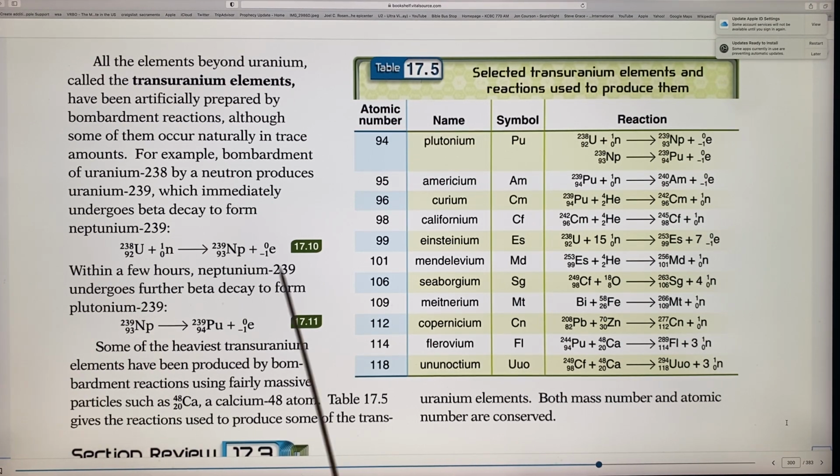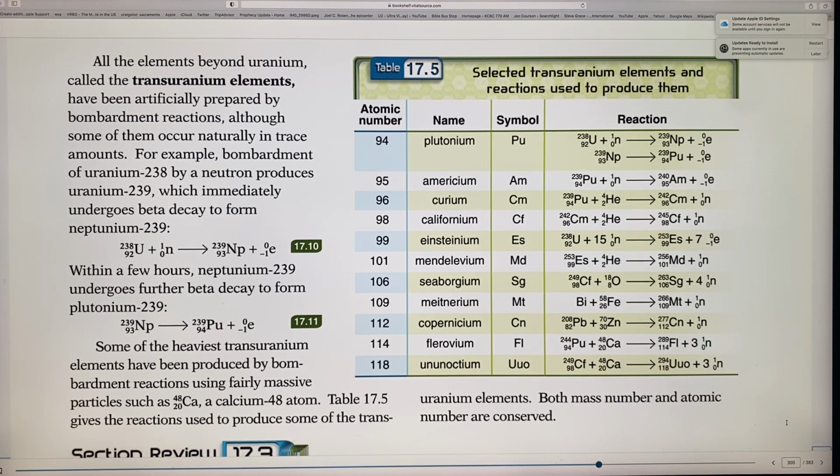Here we have the picture of the equation showing how it goes through the decay. Then in a few more hours, neptunium goes through another beta decay to form plutonium. Plutonium is what we always hear about, even with nuclear bombs, because uranium changes into plutonium.